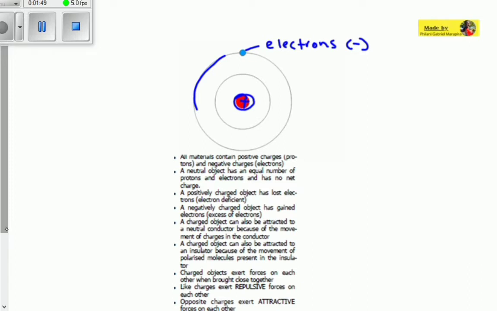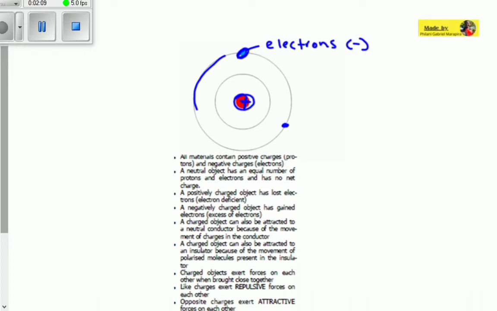A positively charged object has lost electrons, so it is otherwise known as electron deficient. Let's say, for example, this atom you can see over here. If it loses this blue electron, it remains with what? With a proton.